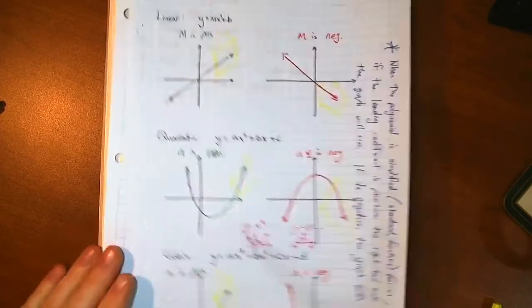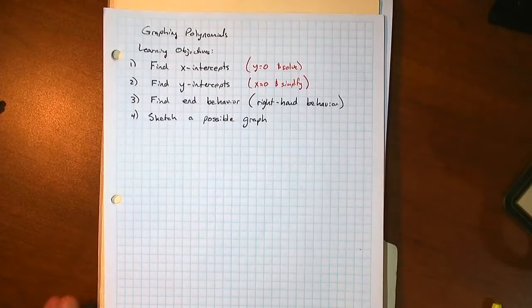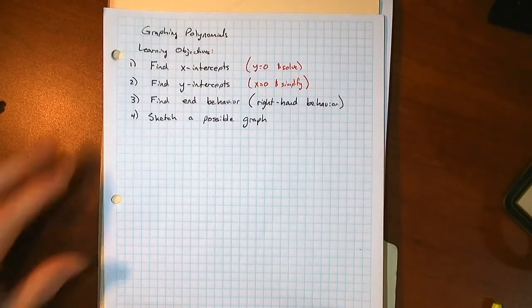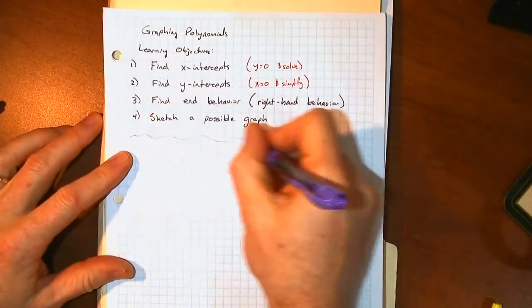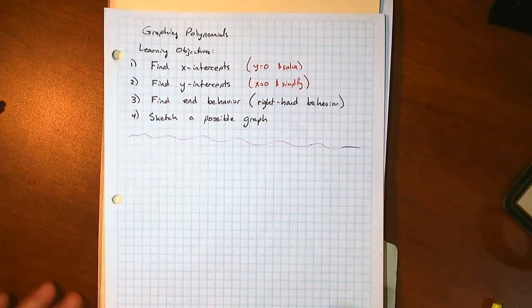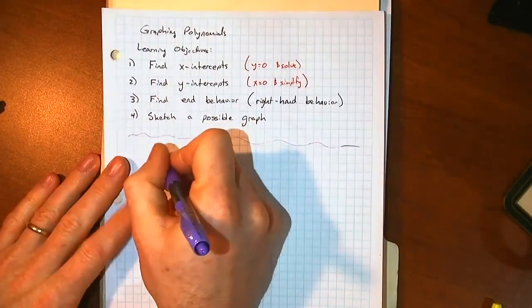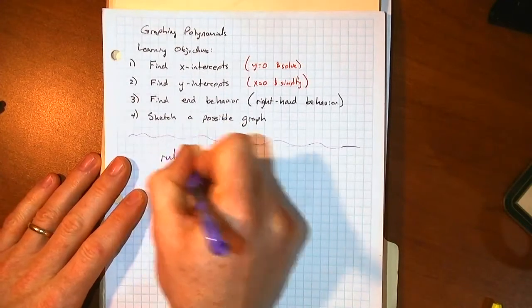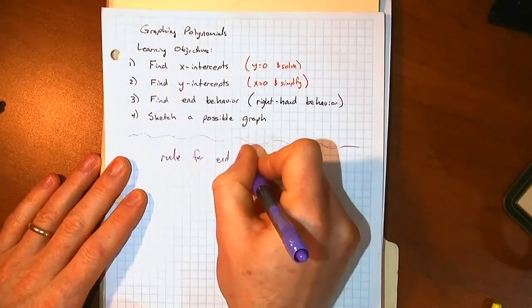Okay, so I think that takes care of our end behavior. I believe it would be worth our while to make sure that we're clear on that rule. Rule for end behavior.